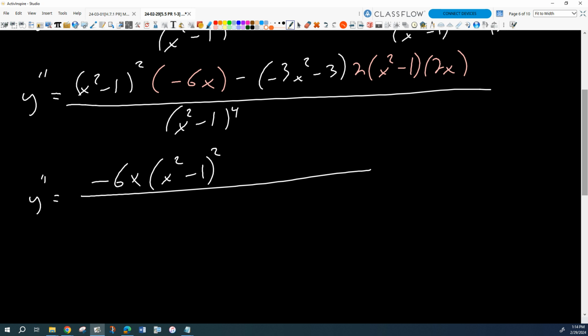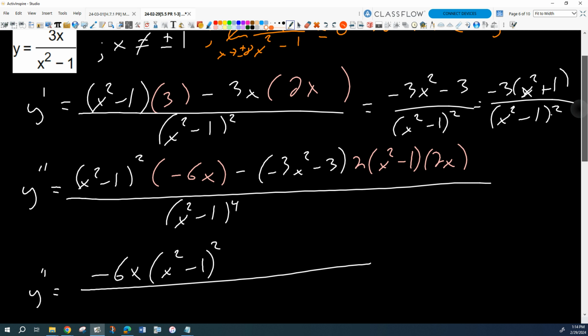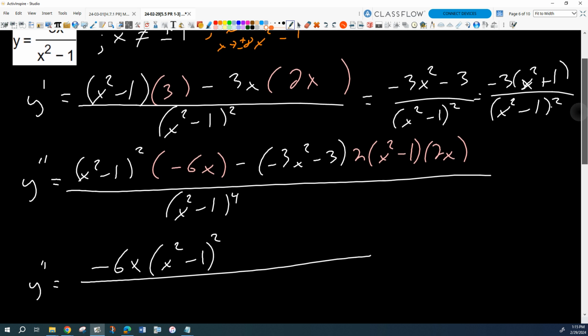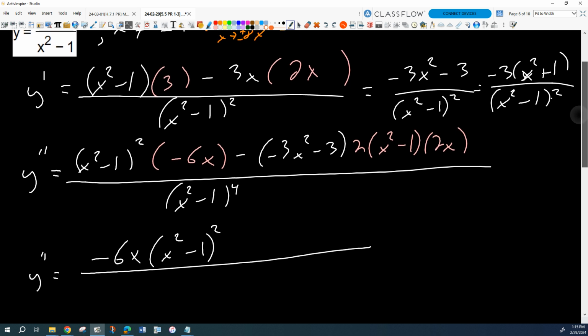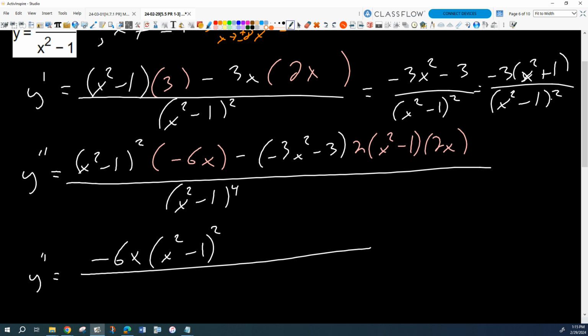So negative 3x times 2x is negative 6x squared. And then it's 3x squared, so we combine that to get negative 3x squared.